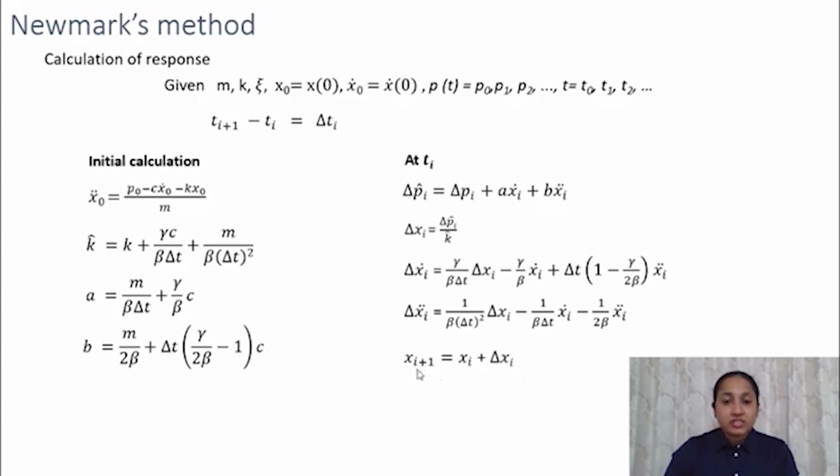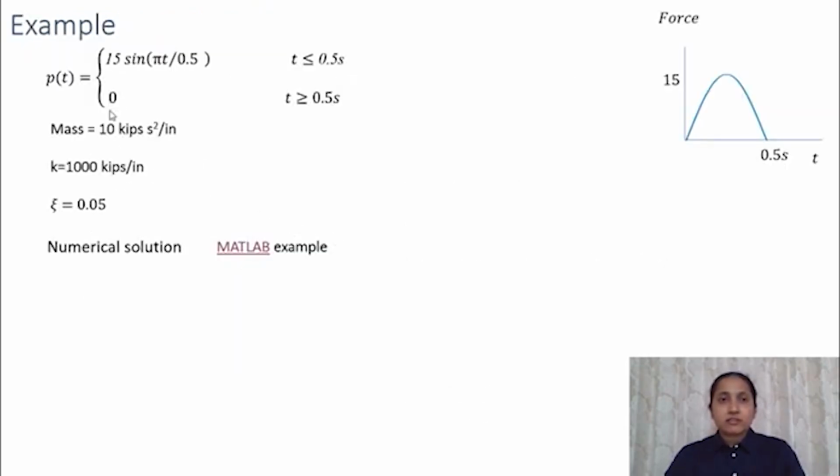So the displacement at i plus 1 is equal to displacement at i plus delta x i. Similarly, we can calculate the velocity and the acceleration at the next instant, the i plus 1 instant. Now, let's solve our example using Newmark's method.